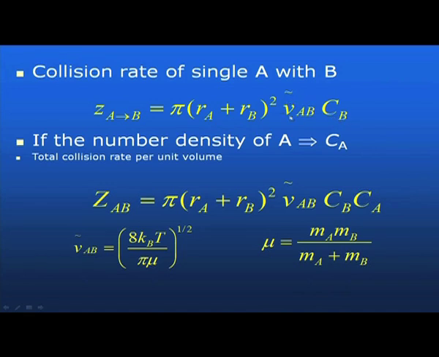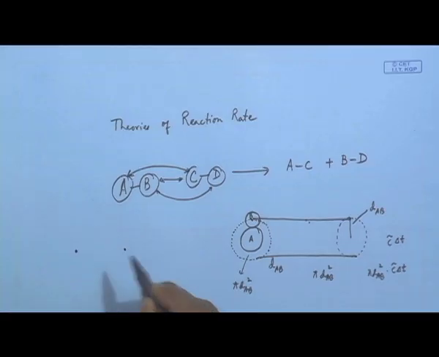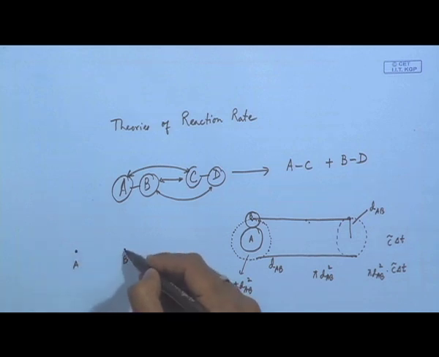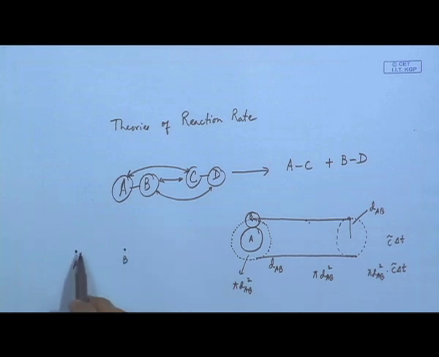And of course, it will also depend on this VAB. What is this VAB? VAB is the average velocity of AB. AB means, suppose there is a molecule, say this is A and say this is B, okay? And say this molecule is static, only these molecules are moving. So what is the relative velocity between A and B?